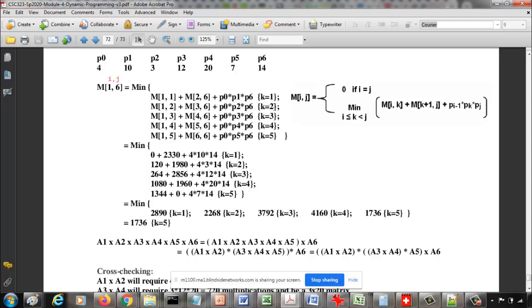Then if k equals 2, it's m of 1, 2 plus m of 3, 6. Then p0, p6 are fixed, only thing is k equals 2, so p2. Then m of 1, 3 plus m of 4, 6, then p3. So that's how you can generalize the recurrence, and you get the minimum here is 1736 for k equals 5.